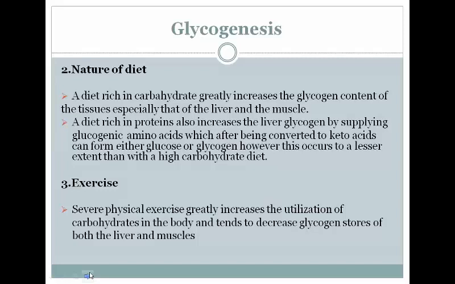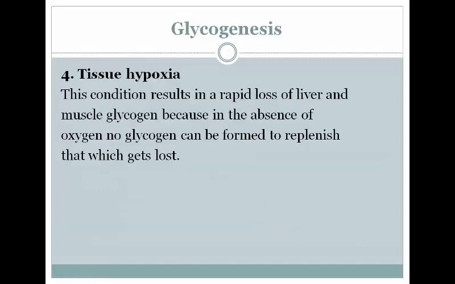Now the third factor, exercise. At the time of exercise, the body requires carbohydrate. So this leads to decreasing the glycogen stored in both the liver and muscle because of the increased demand of the body. Another factor, tissue hypoxia.